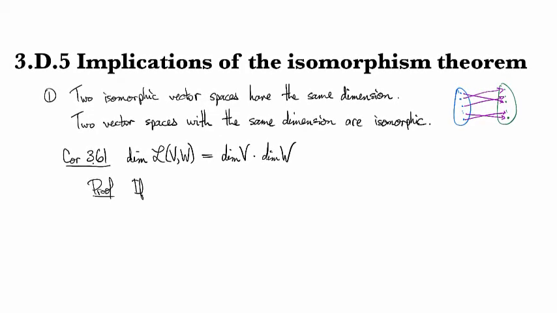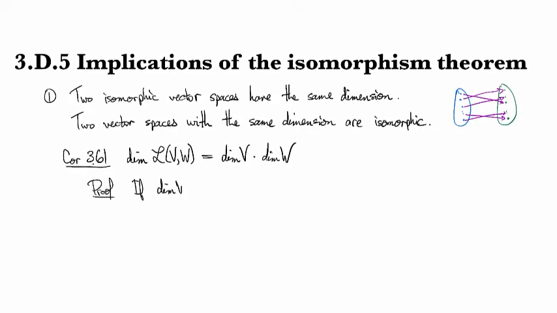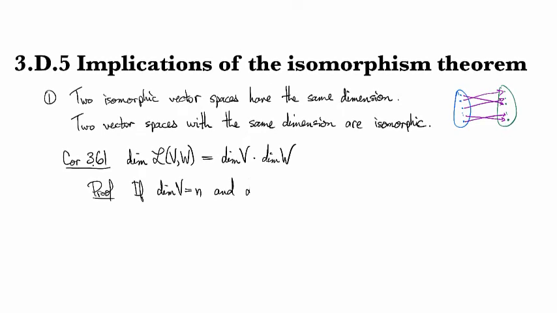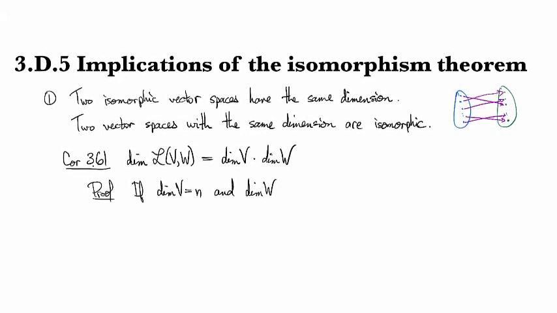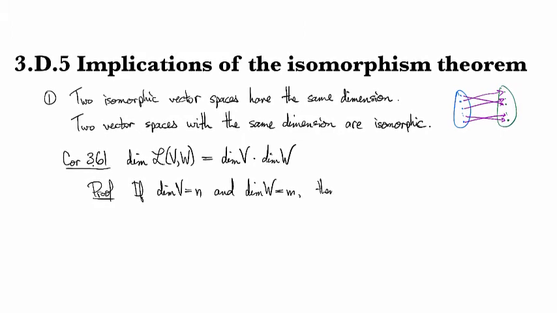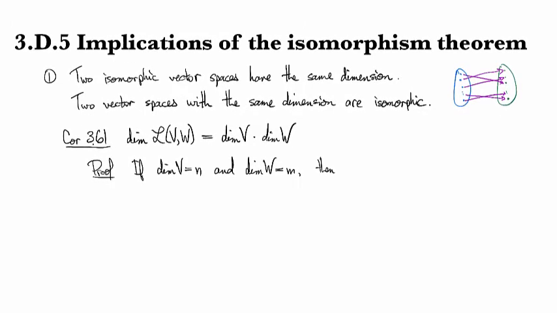Let's take n to be the dimension of V, so dimension V is equal to n, and m to be the dimension of W, so dimension of W is m. Then we have the following calculation.